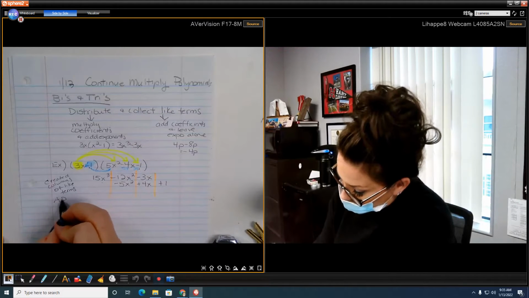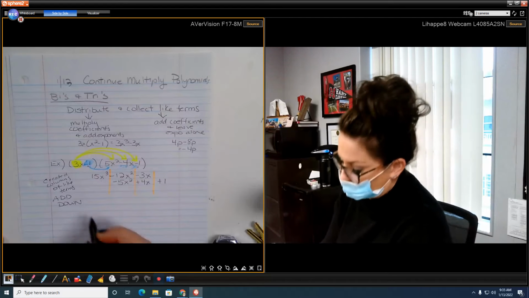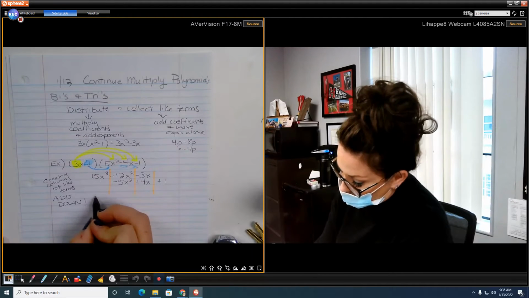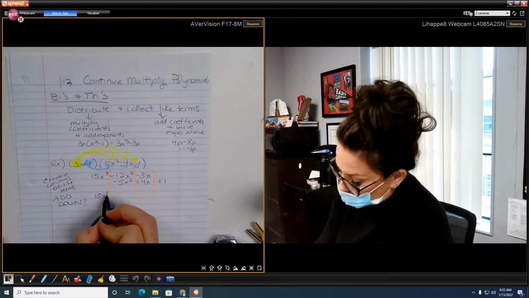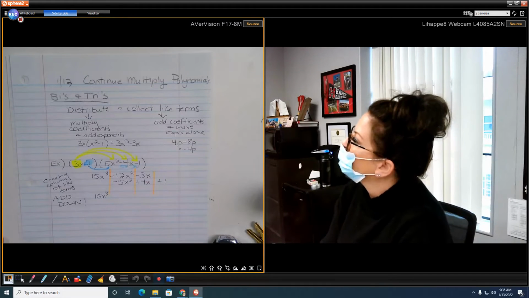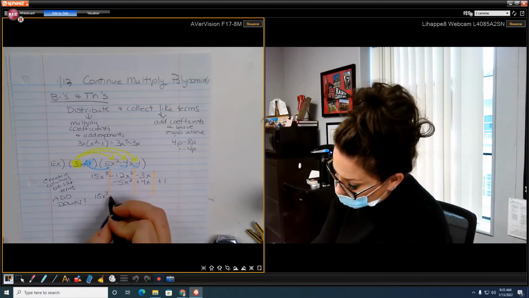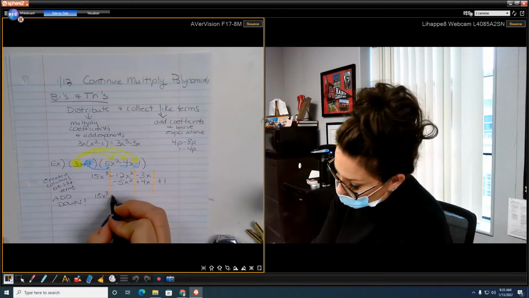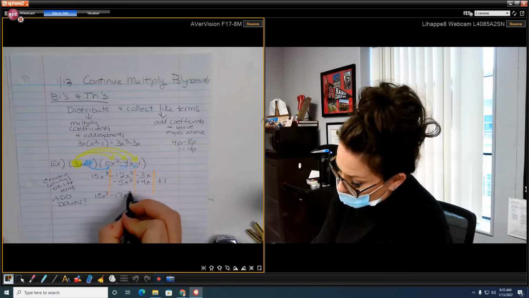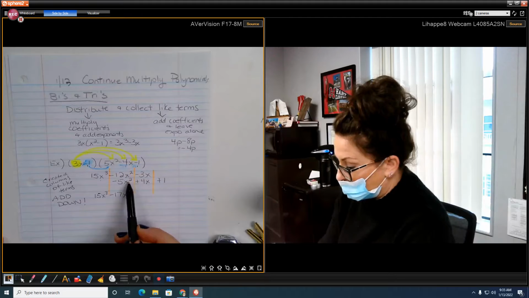And now all I have to do is add down. 15x to the third. What's negative 12x squared with negative 5x squared? Good. Remember, we don't change our power here.